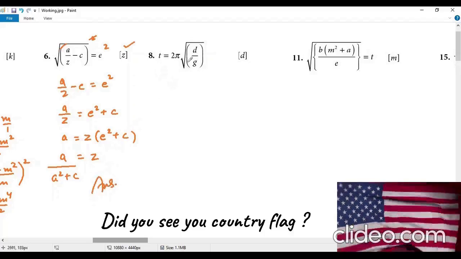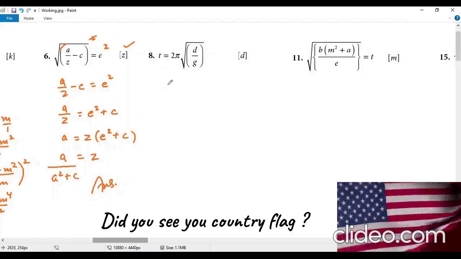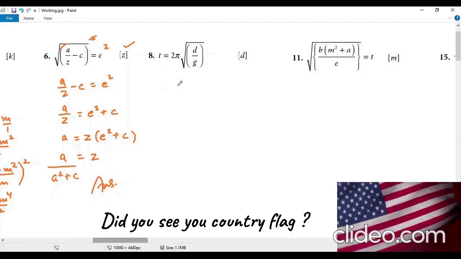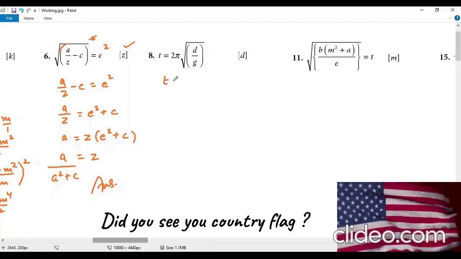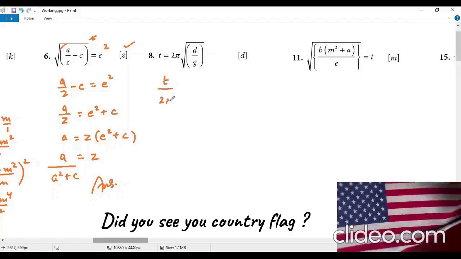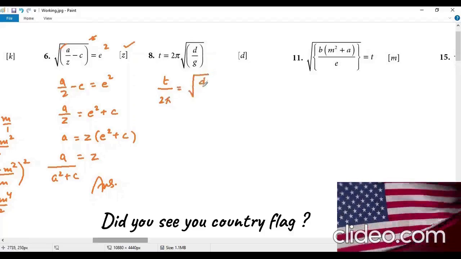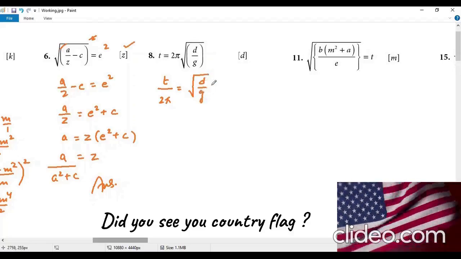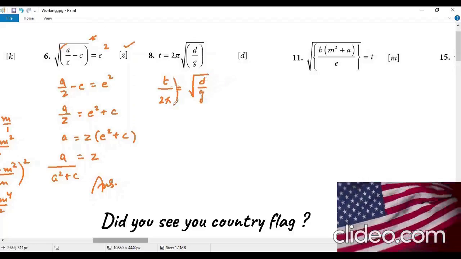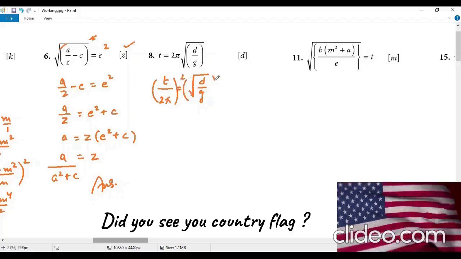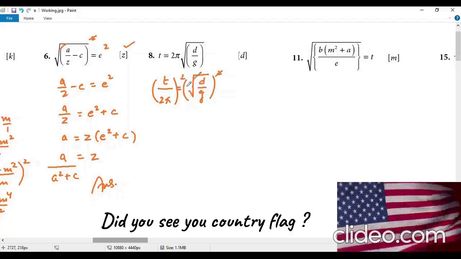When it comes to the next question, in here D has to be made the subject. So that means T over 2 pi, because 2 pi is multiplying, and this side you will have under root D over G. Now squaring both the sides will remove this root sign.